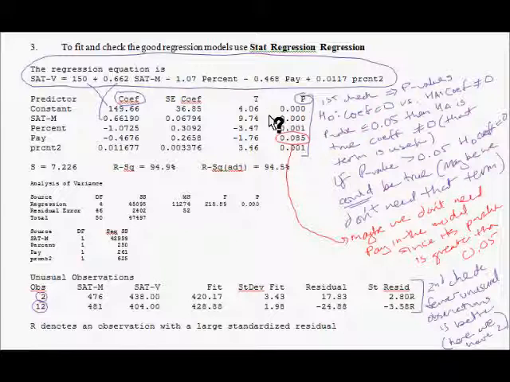If I had 2 of these p-values bad, you don't throw both out, because there's something called collinearity, where 2 of the x's may be giving the same information about y, and if you throw one of them out, it makes the other one good, because they're kind of splitting their power between them, and they both look like they might be bad, but if you throw one out, then the other one might now become good.